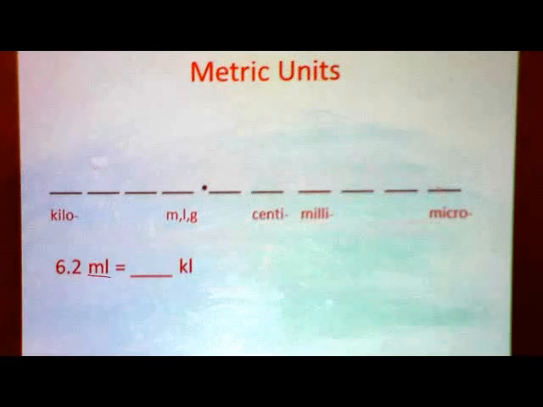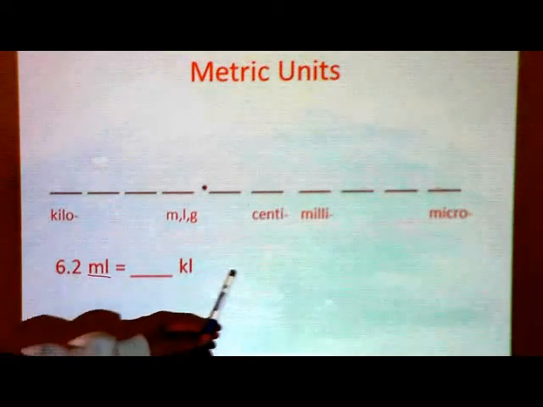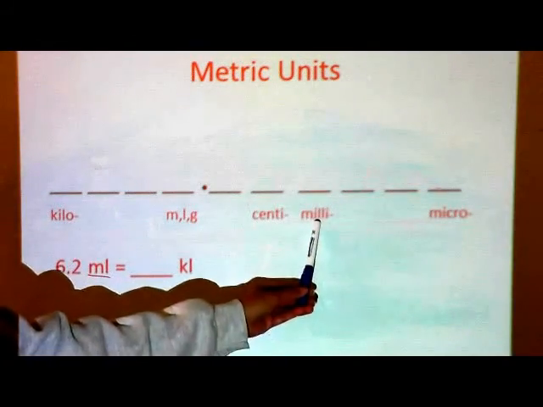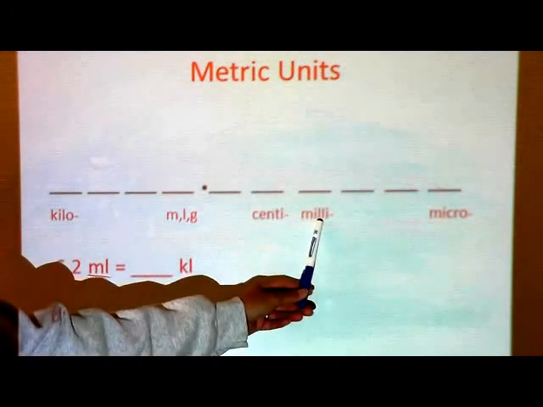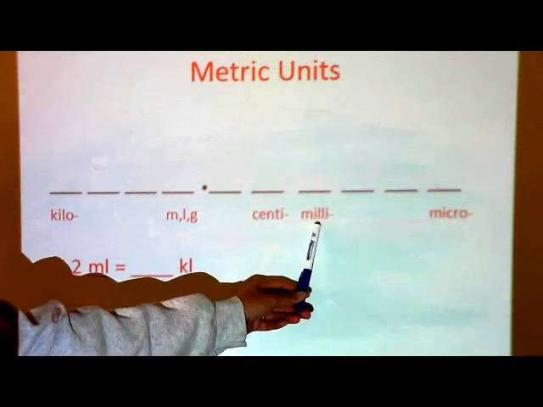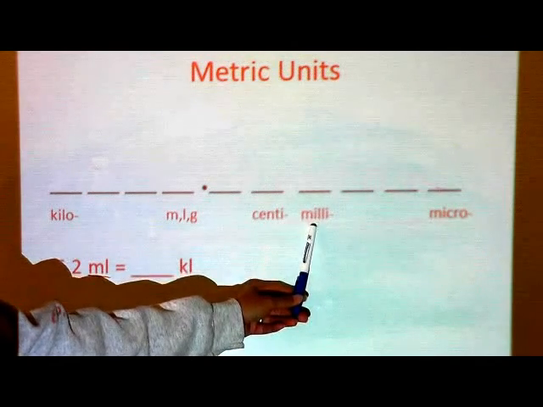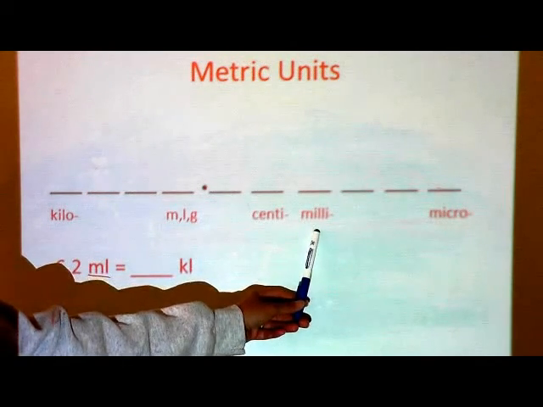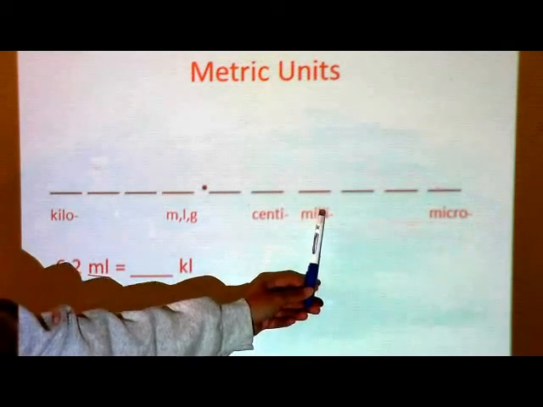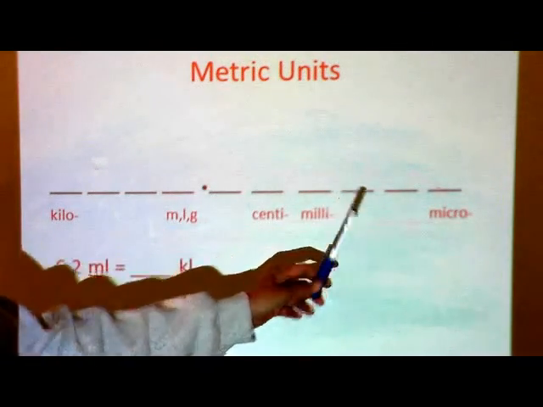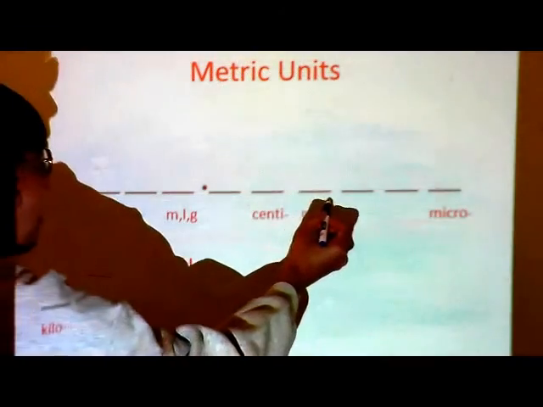So in the number line, you're going to find where your starting point is, which is here. Your starting point is going to be ml. When we are in this starting position, the decimal point for milli is understood to be to the right of that unit. That's always the answer, to the right. So milli decimal point is right here. I'm going to draw that in.